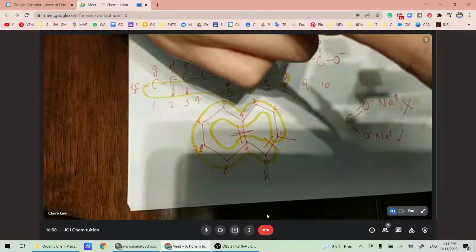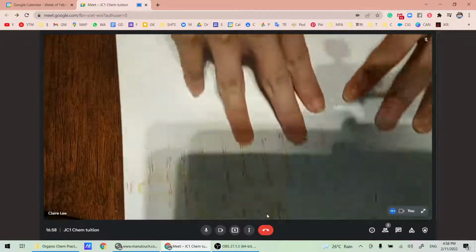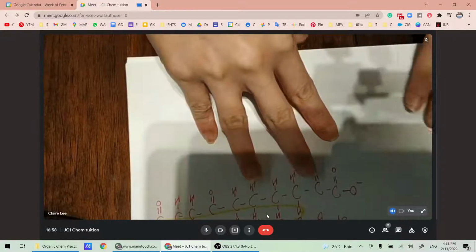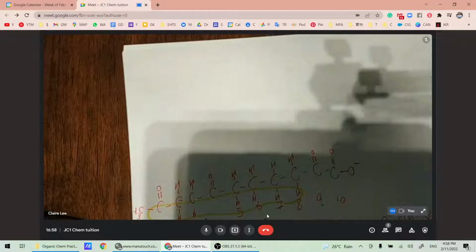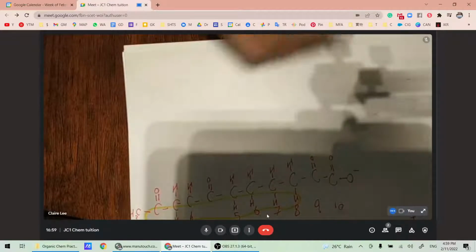I'm doing a recap on the reactions of halogenoalkanes and ways that we can produce halogenoalkanes. So I'm just going back to revise something that we haven't touched for about 2 weeks because we were dealing with ionic equilibrium.